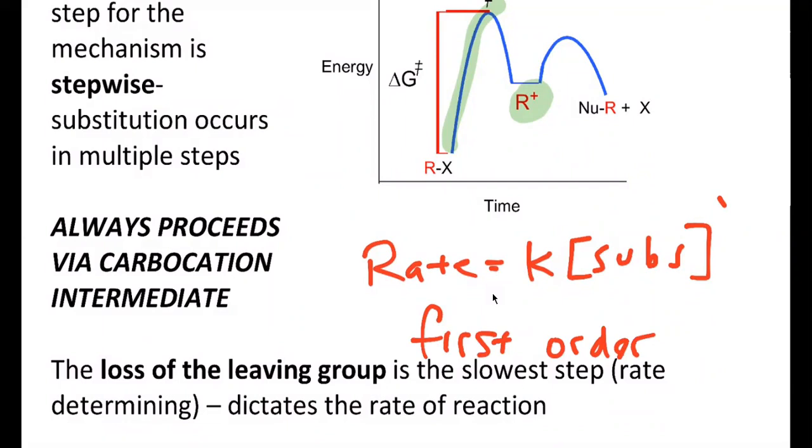And that matters, because with the SN2, if I change anything about the concentration of the substrate or the nucleophile, the whole rate changes. Here, I can dump in 10 gallons of nucleophile and the rate won't change.